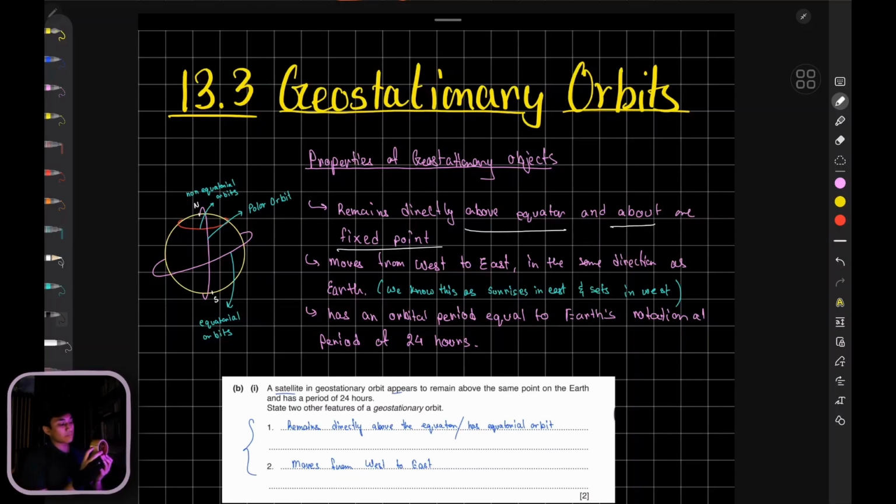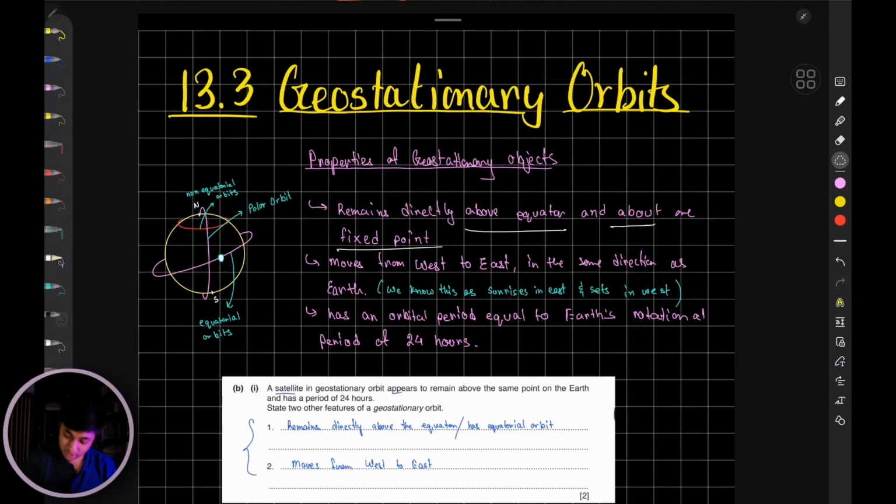Whereas if I had fixed a point exactly above the equator, it would revolve around it exactly in sync. It would not move away from the fixed point. So if I show that on a diagram, that is, if I have this point as my fixed point, our satellite is going to revolve directly about this point along with the Earth.